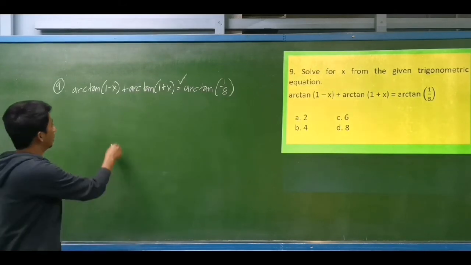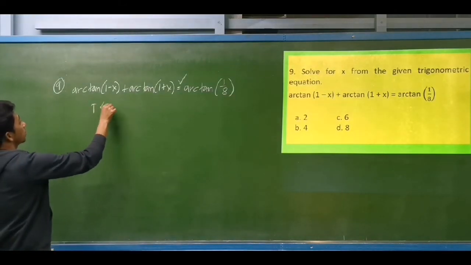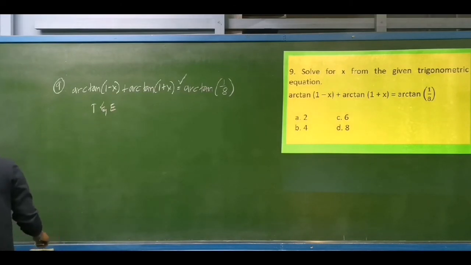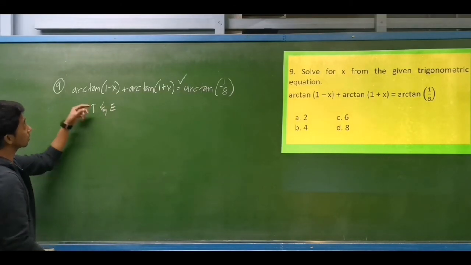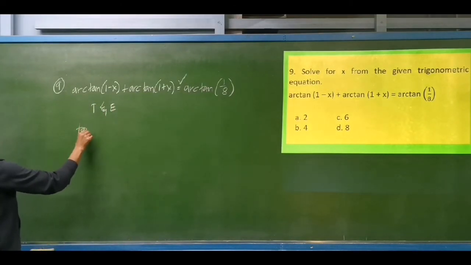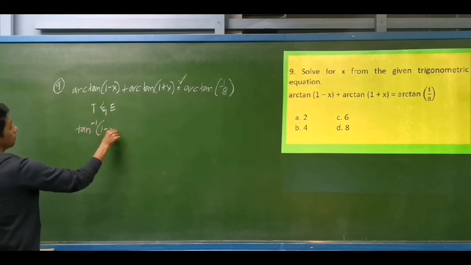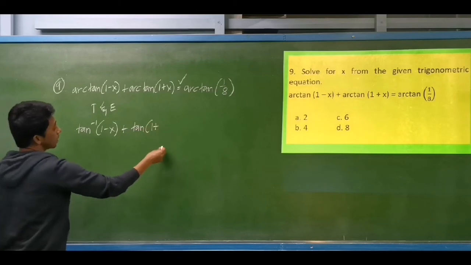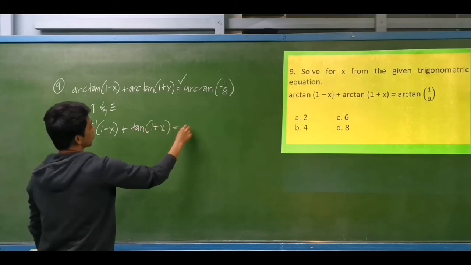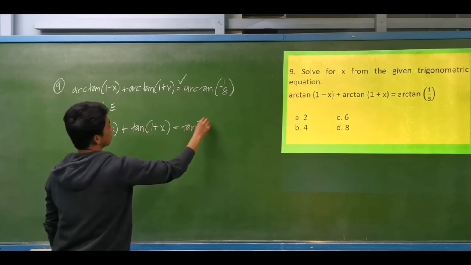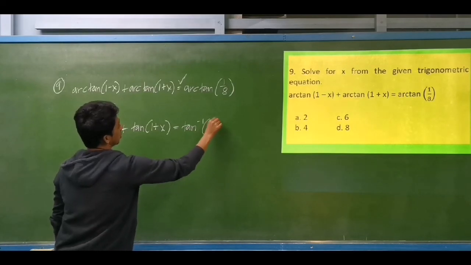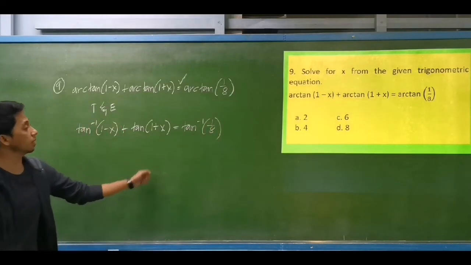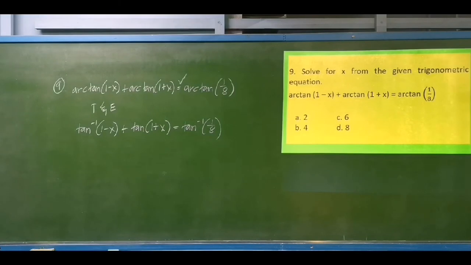Or we can do trial and error on our calculator. On our calculator, this is the shift tangent of 1 minus x plus the shift tangent of 1 plus x is equal to shift tangent of 1 over 8. That is its equivalent on our calculator.